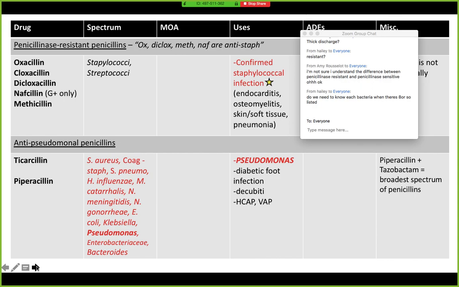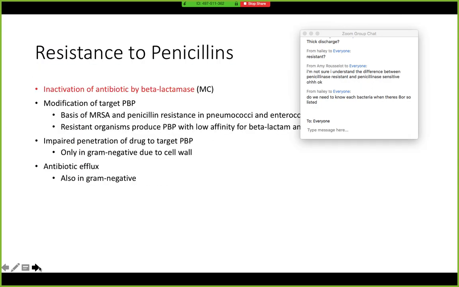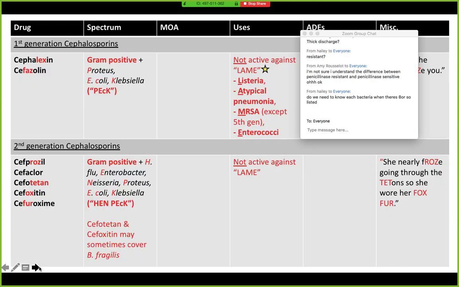And when we get to the cephalosporins, first through fifth generation, if you're going to know all the organisms, that's probably the most high yield to know. But I'll show you when we get there. Okay, inactivation by beta-lactamase. Okay.